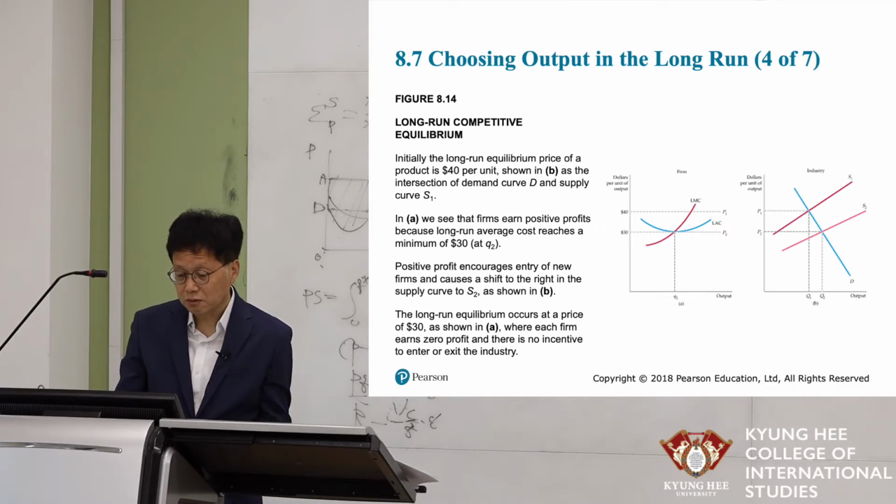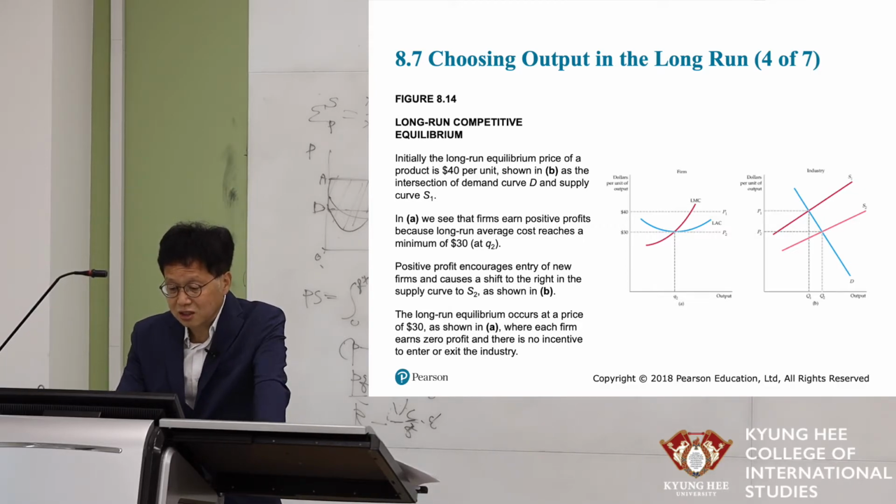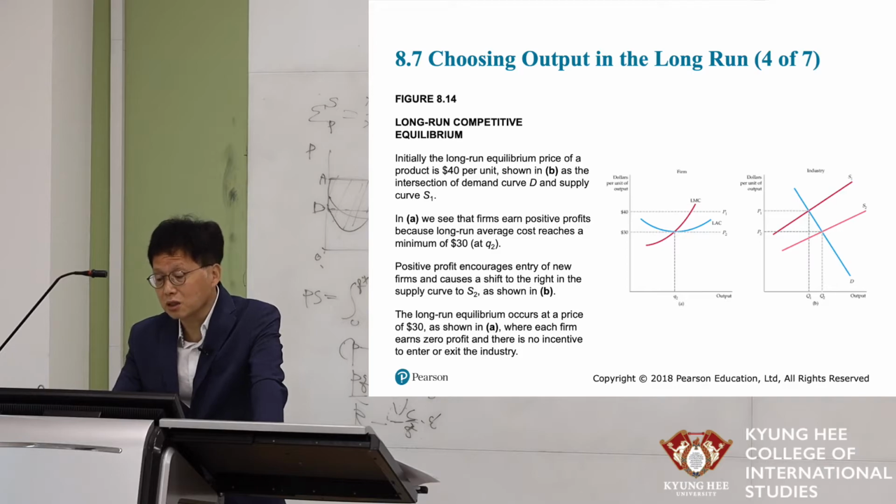The firm enjoys positive profit. This encourages entry of new firms and causes a shift to the right in the supply curve to S2. Originally, the market supply curve is this one. But if an individual firm enjoys positive profit at this equilibrium price, new firms enter. That means industry production expands.